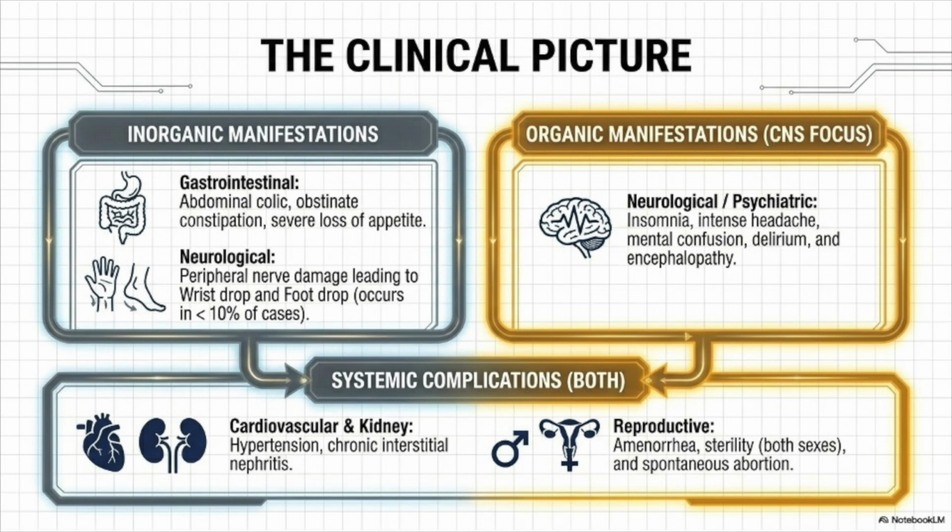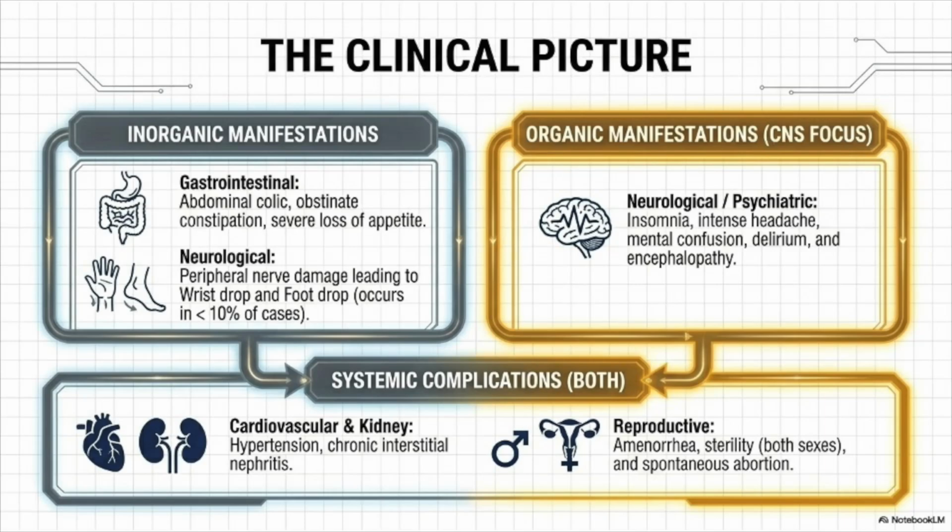Now, let us understand the clinical manifestations of lead poisoning. Since lead affects almost every organ system, the symptoms are varied and often develop gradually. The gastrointestinal system is commonly affected, producing abdominal colic, constipation, anorexia, nausea, vomiting, and loss of appetite.